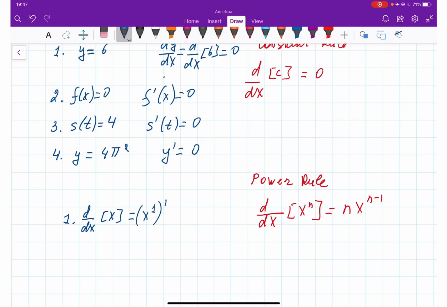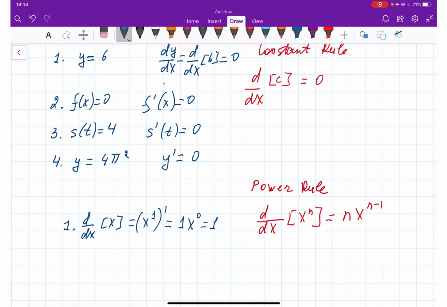Put prime here. So that means this 1 will come in front, x to power 1 minus 1, right? The exponent going to be less 1, which is going to be 0, and it's going to be only 1. Okay? Now, I told you in a minute, a little bit later, I'll explain why the constant is equal 0.